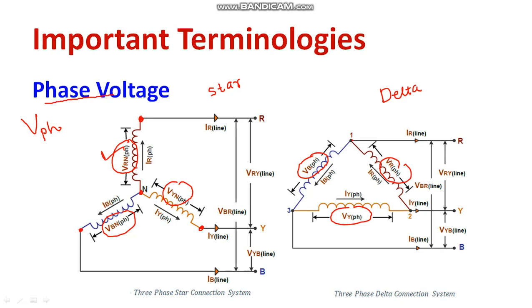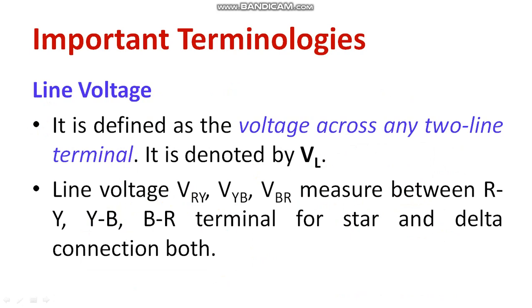If you understood, I will go for the term line voltage. What is line voltage? Line voltage is indicated by the standard symbol V subscript L, VL. Most of the textbooks follow this method. What is the definition of line voltage? A very simple definition: voltage across two lines is generally called line voltage.